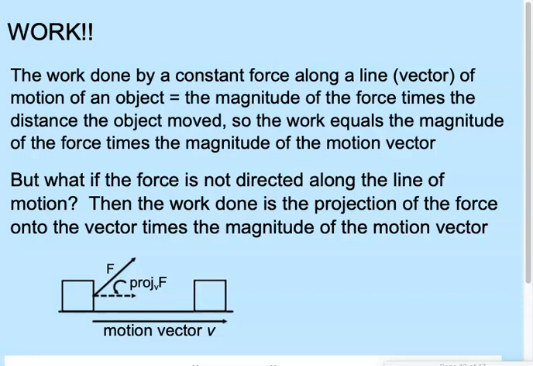My force vector now is angled up, even though my direction of motion is still horizontal, right? So how do you figure out the work that's done? You have to figure out the component of the force that goes in the same direction as the motion of the object. In other words, you need to find the projection of your force vector so that it's going in the same direction as your object.